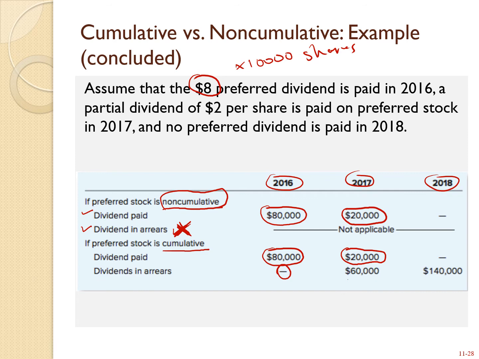So they are liable. Again, it's not a liability. They owe their preferred stockholders 60,000. In the third year, they paid nothing. So they owe them those 60 and 80 from here. So this number, the 140, is equal to the 60K from 2017 and the 80K from 2018.